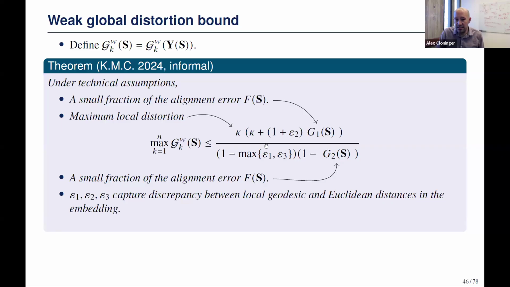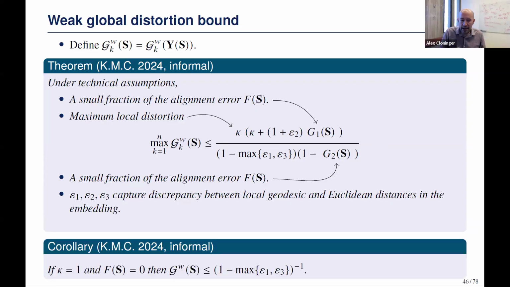So what this bound says is the weak global distortion is bounded by how bad our local views are and how bad our alignment error is. And as our alignment error gets better, the weak global distortion goes down. So that means that our Riemannian gradient descent is making a better embedding.